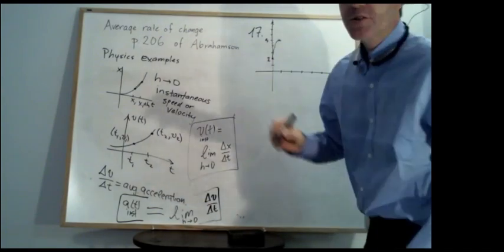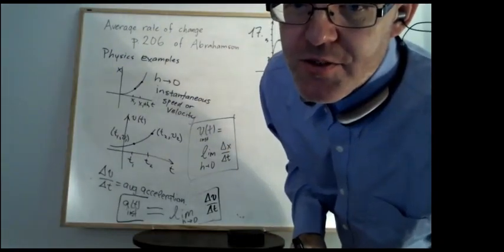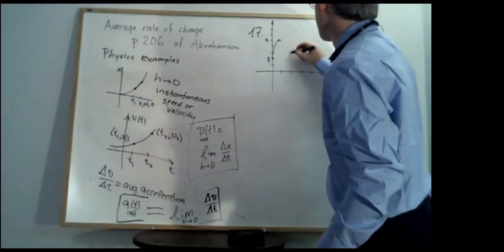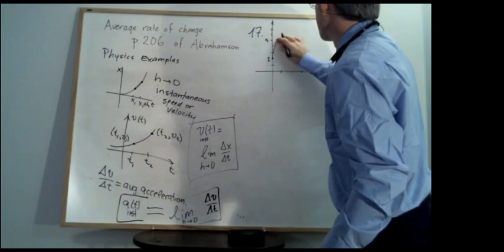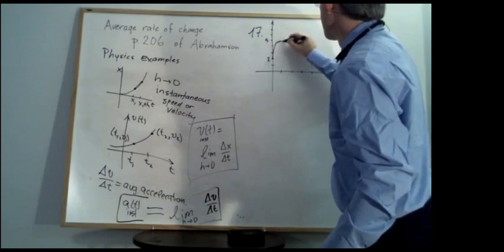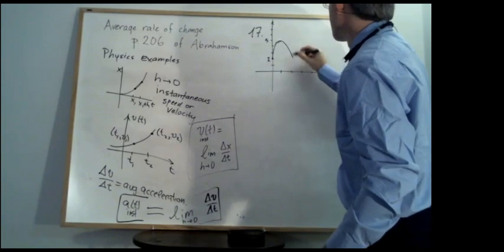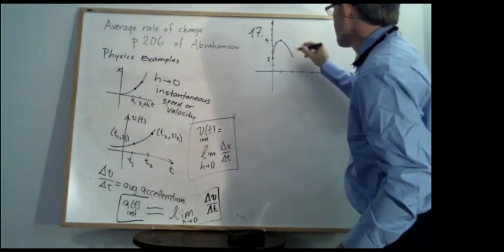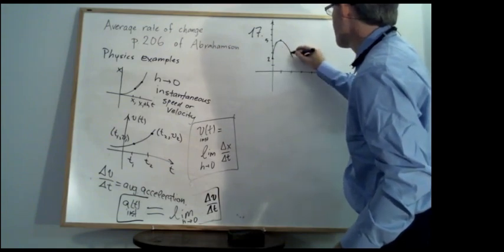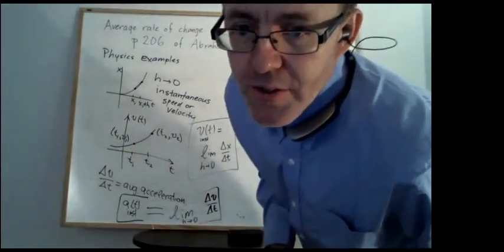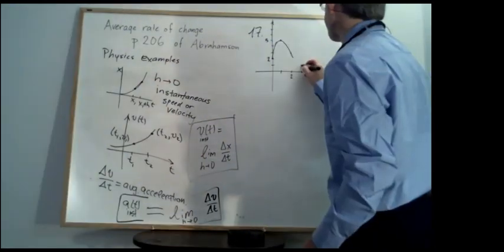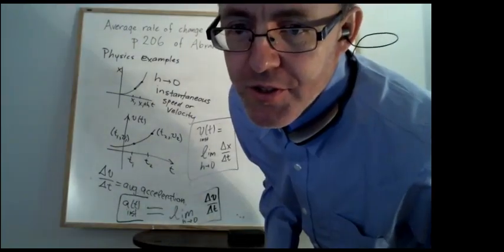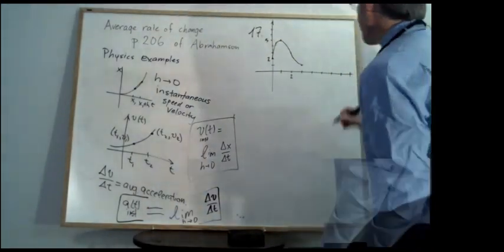There's a local maximum there, and then it goes down through 3 at 2. Okay, that's a bit more accurate. So it goes through 3 at this point, 2. And then at 3 it goes down to 1. And then it goes up to 7 at x equals 5.